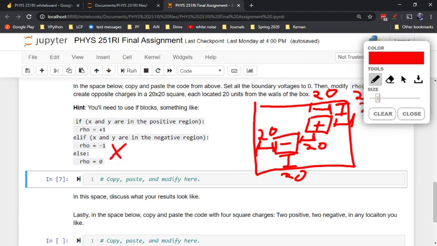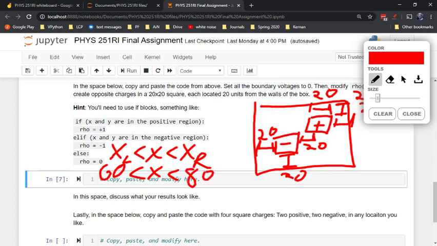So if x left value less than x right value, and let's say this is for the positive charge, this is going to be 20 less than x less than 40.